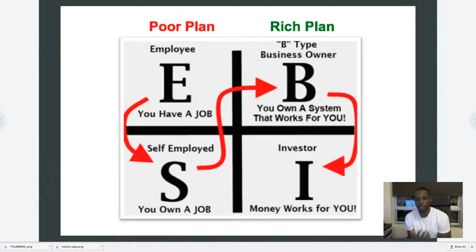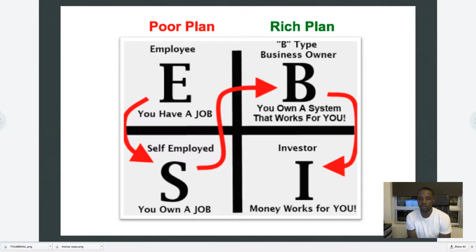So that's that story. And then there's also the I quadrant, which is an investor. An investor is someone who's investing in stocks, real estate, businesses, and their main aim is, let's say they put down $100,000, they want to make 20% of that back, 20% in ROI, return on investment.